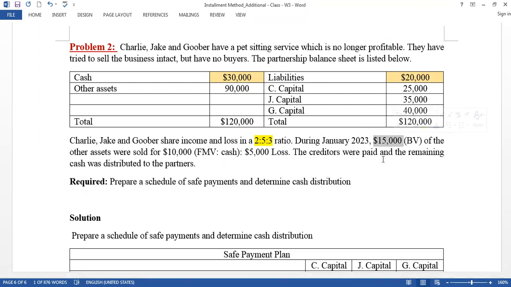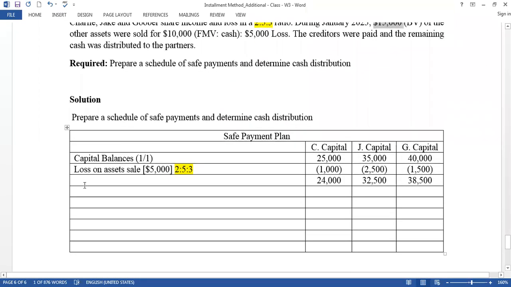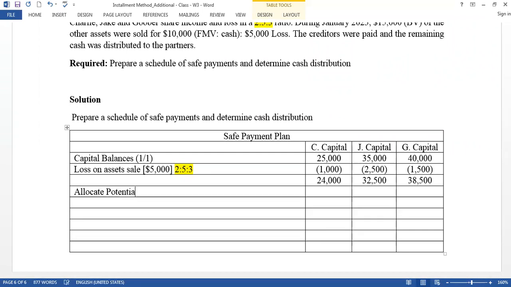And we allocate this potential loss among the partners' capital. So allocate loss, and the potential loss here is $75,000.